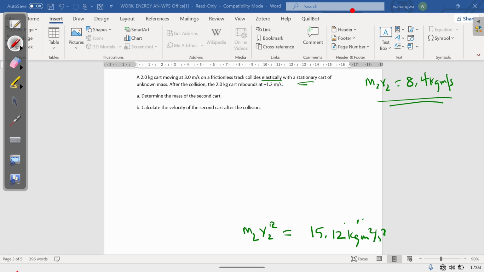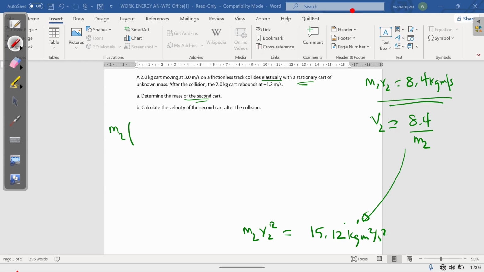Let's make m the subject of the formula. Okay, m2, because what we want to find is the mass of the second cart. Now let's make v the subject of the formula. Maybe that will help. That will be v2 is equal to 8.4 divided by m2. So that should be substituted where? There.